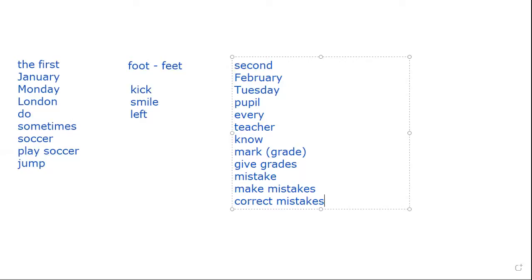Then dictation. So dictation is one type of an assignment at school when you study. So the teacher reads certain text. They do it very slowly, and students put the words down.